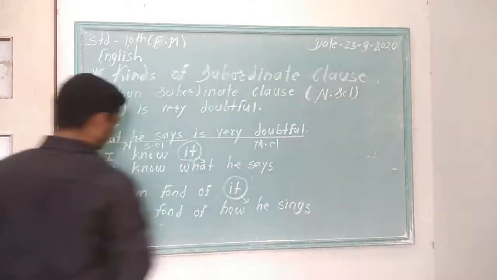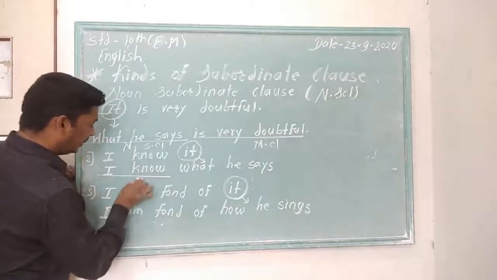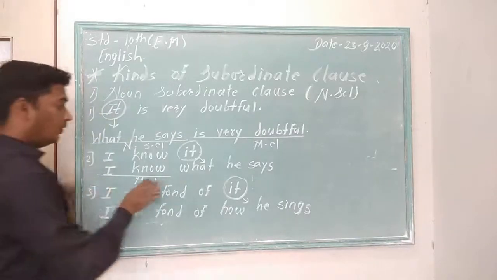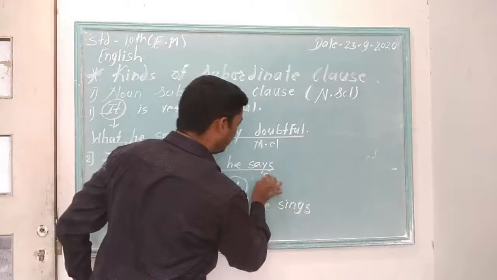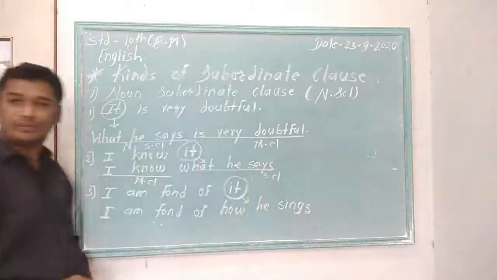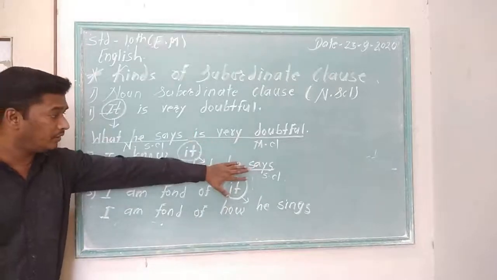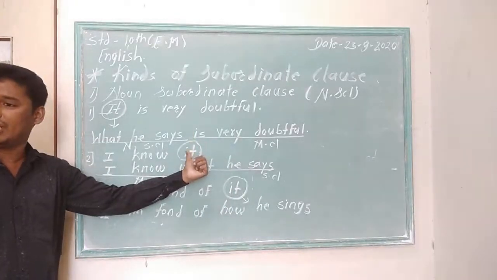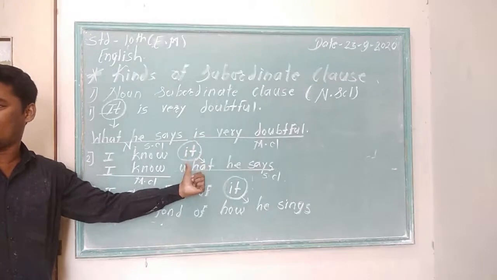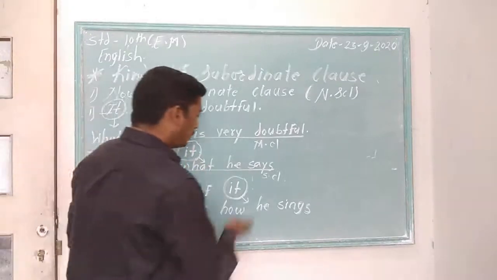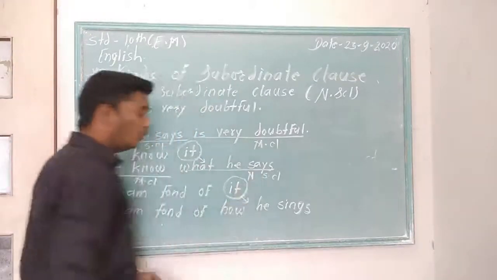I know is the main clause. What he says is the subordinate clause, and this subordinate clause is at the place of a noun. So it is a noun subordinate clause. Okay.